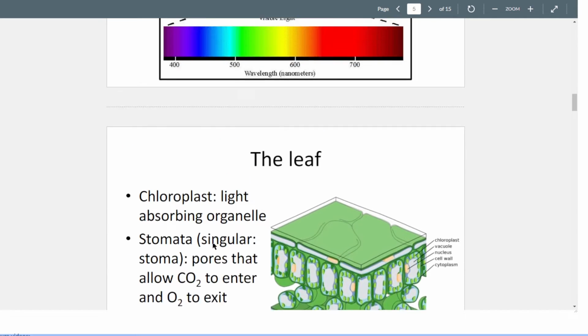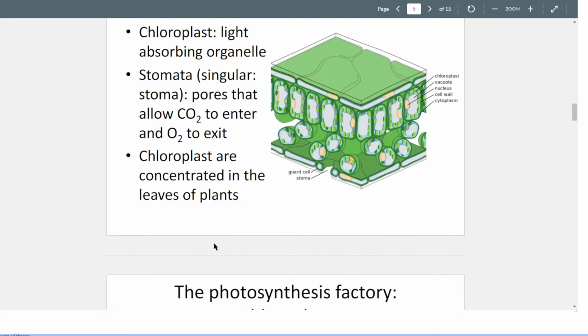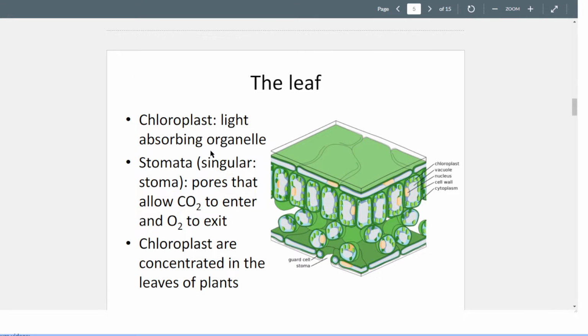Okay, the leaf. We're now going to go into the leaf. We have a skin, kind of like our skin, and below that we have chloroplasts, which is where it happens. We have a vacuole, where everything is stored, a nucleus, where DNA is stored, a cell wall, which is sturdy, and cytoplasm, the liquid stuff.